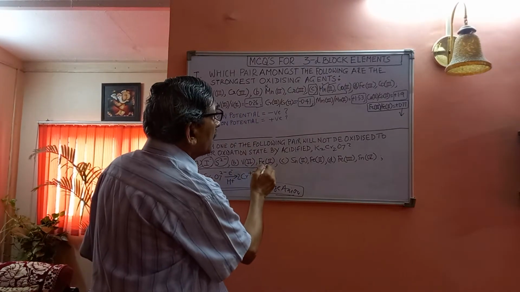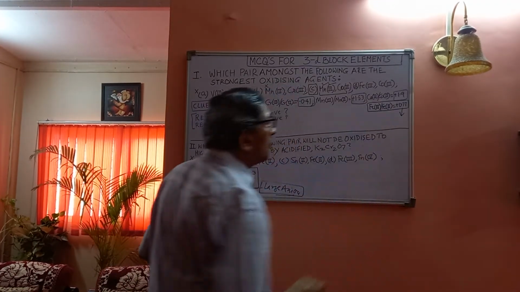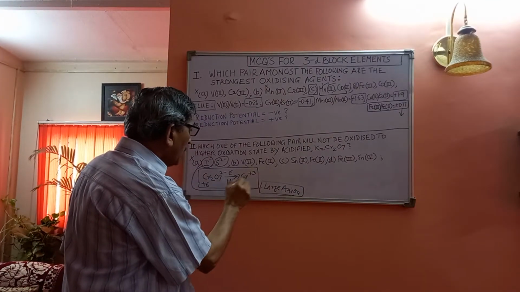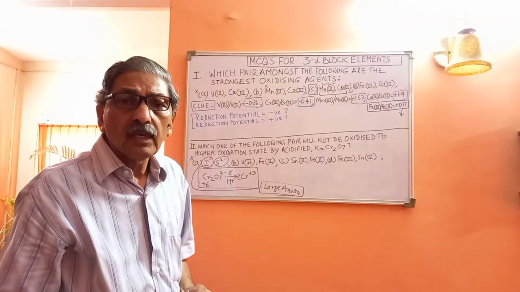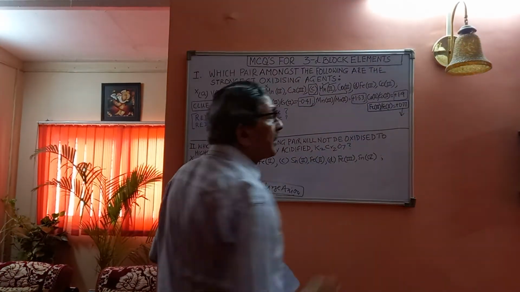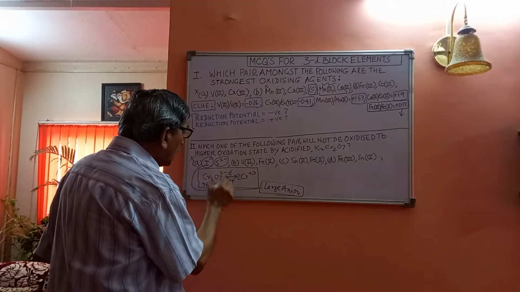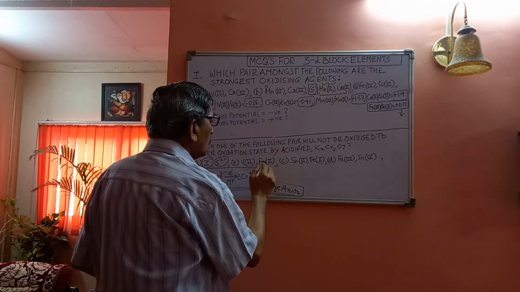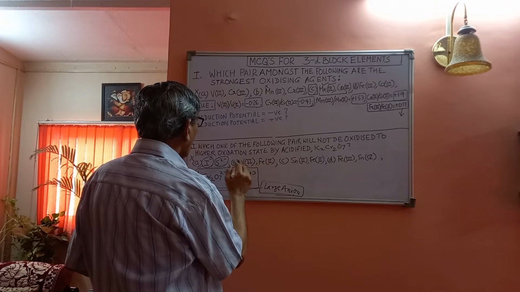Again iron 2, yes, this may go in the reverse direction, but the point is that the oxidizing potential of dichromate ion in acidic media is very much larger than plus 0.77. Because it is a much better oxidizing agent, it will oxidize iron 2 to iron 3. So naturally this pair will also get oxidized.